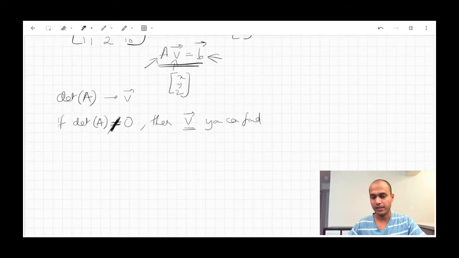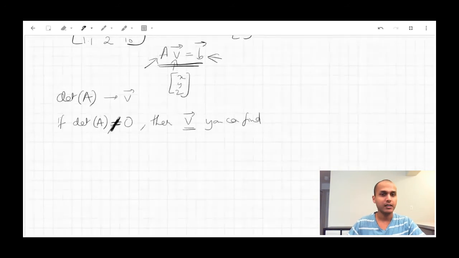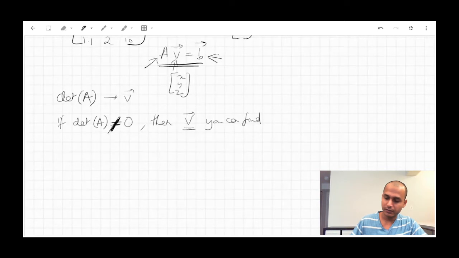And so if there is a v, then I can find the v. Symbolically, we can think of this as v getting transformed by A to an intermediate vector, which was b. Now, given that vector b and the linear transformation, I can also find v.